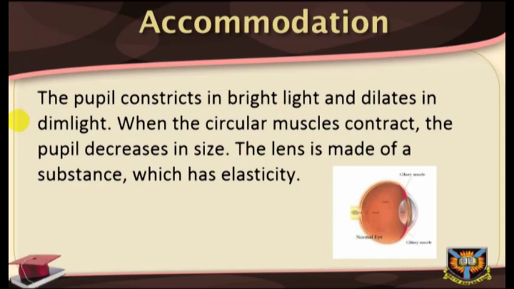Contraction of the circular muscles of the iris constricts the pupil, and contraction of the radial muscles of the iris dilates it. Sympathetic stimulation dilates the pupils, and parasympathetic stimulation causes constriction.